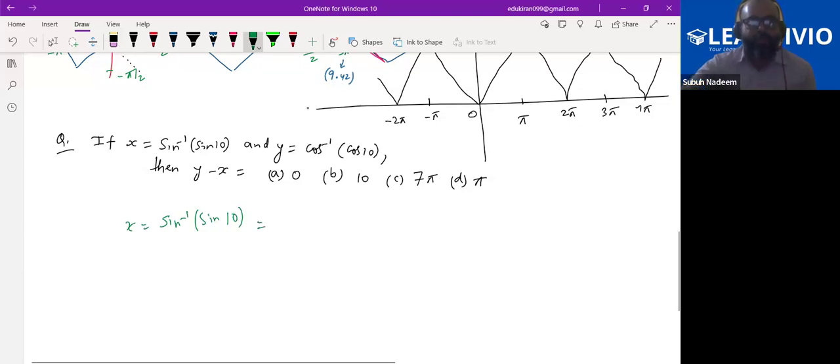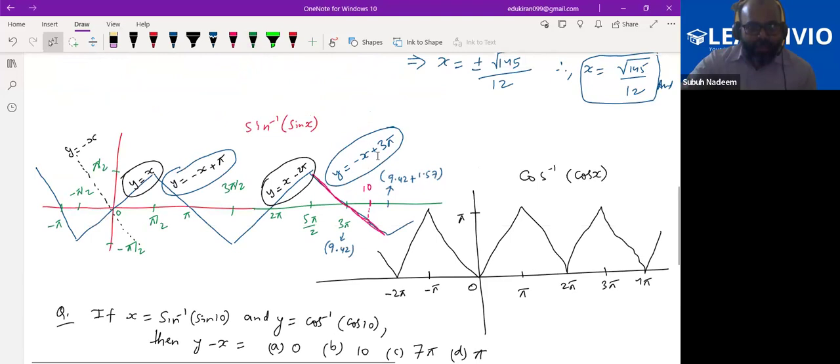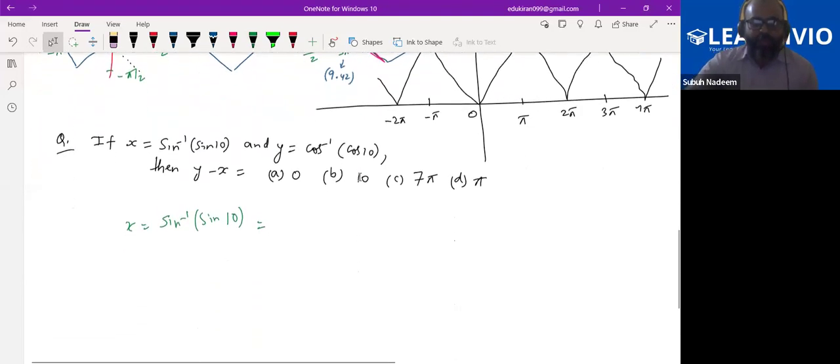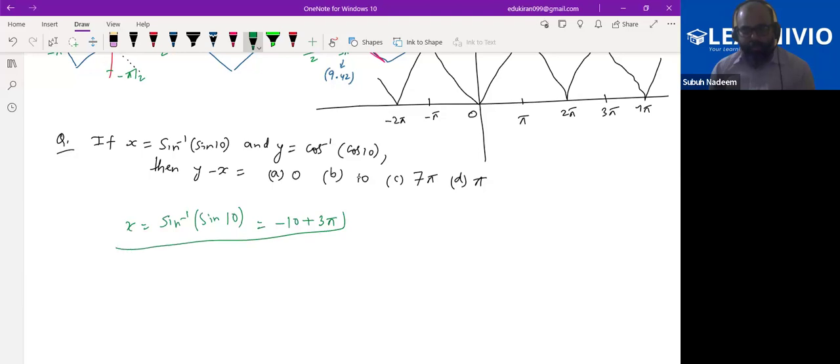So this will be on the line minus x plus 3 pi, and x is 10. So minus 10 plus 3 pi. This is the first thing which we have to write.